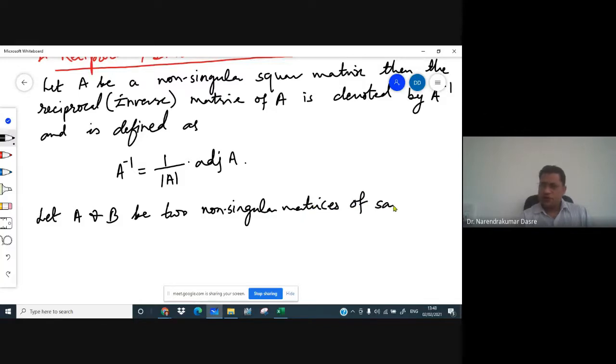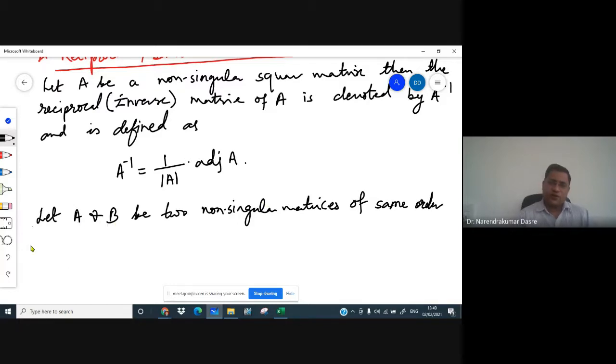They are square matrices because we can check non-singularity only for square matrices. Their determinants are not equal to 0, and I am putting one condition: they are of the same order, so if this is n by n, then this is also n by n.